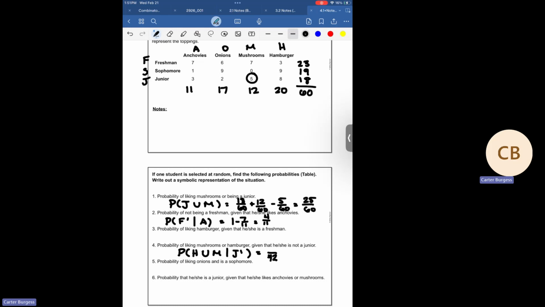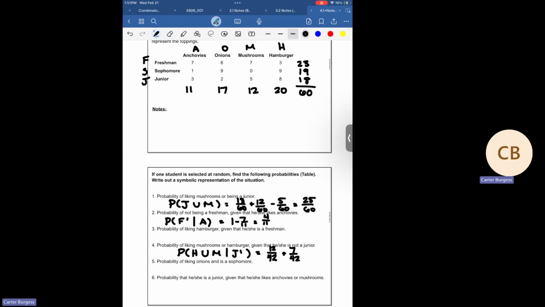We have an or statement here. So of those 42 people, how many of them like hamburger? 12 of those 42 like hamburger. And of those 42 people, how many of them like mushrooms? 7. Who are not juniors, so 7.